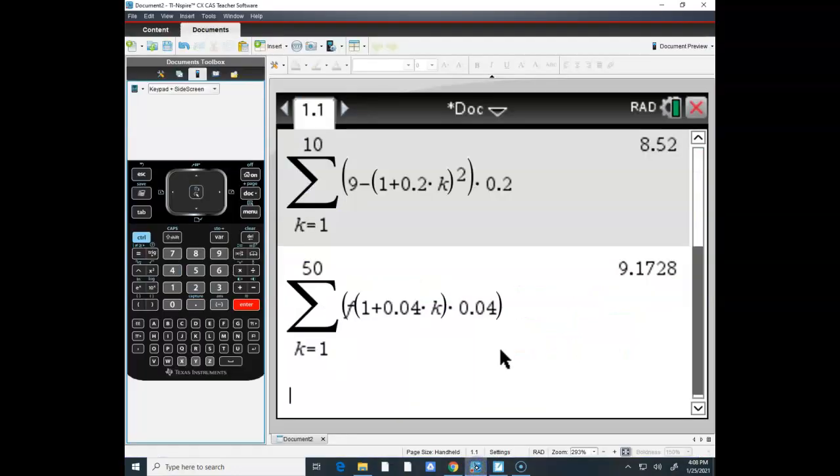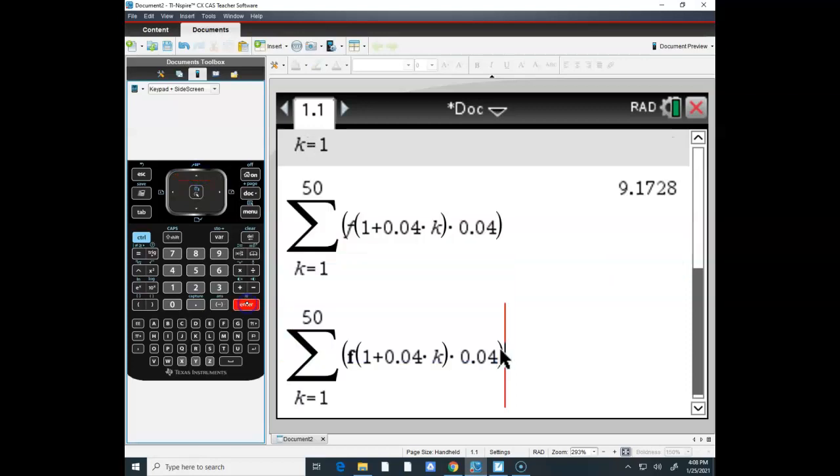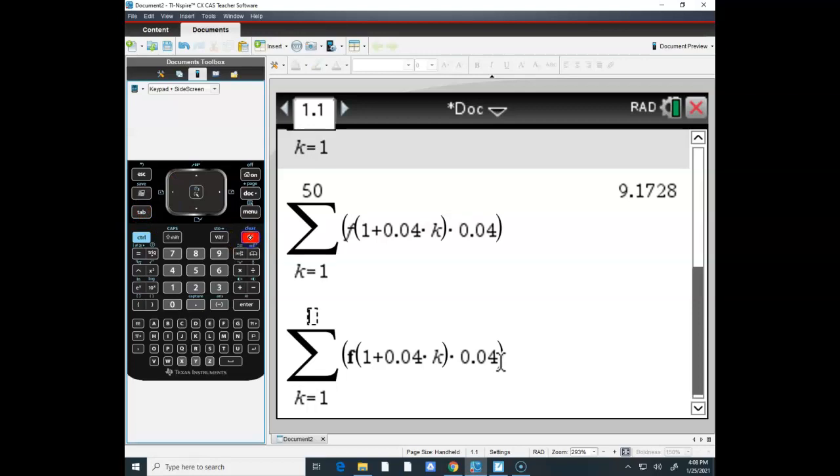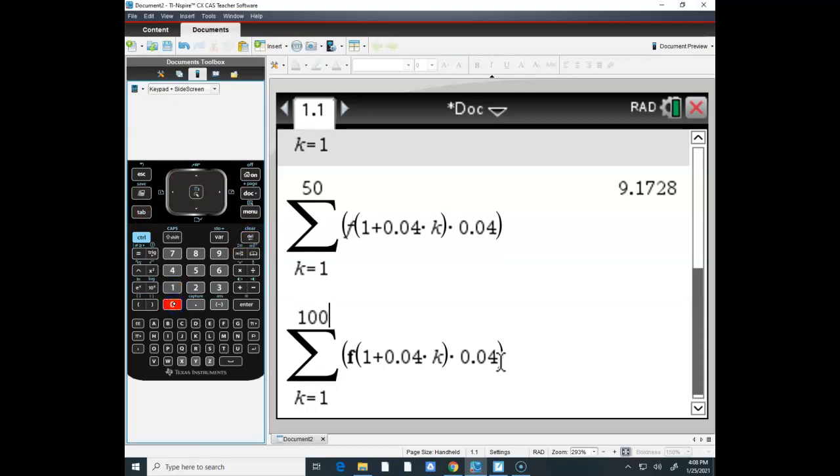Then you come back, grab your calculator, toggle up, grab that one. I'm going to come over here and say tab, delete, delete. I'm going to put 100 up there now. Now I've got to come over here and toggle.